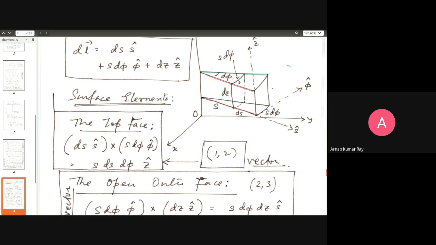The inner length of that section is S d phi. The outer length is slightly greater, but you still call it S d phi. This length is ds, and this height is dz. This is that small section that you have cut out of the sector of a cake. How many faces has it got? It has got 6 faces still. Let us see, a top face and a bottom face, which are the same. A left face and a right face, which are also the same.